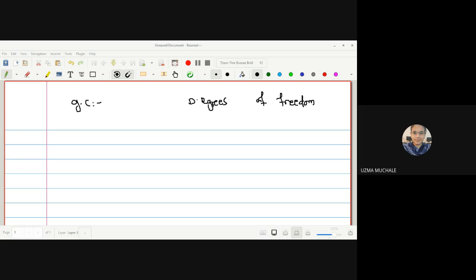No one knows the definition? It is the least possible number of linearly independent coordinates. Now, what are the degrees of freedom? It is the number of generalized coordinates, right? The least possible number of linearly independent coordinates.